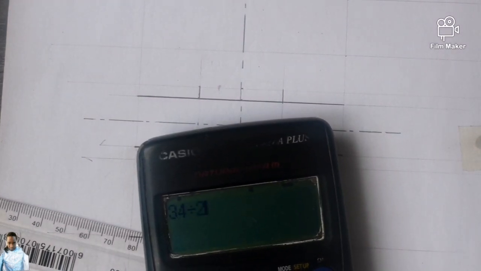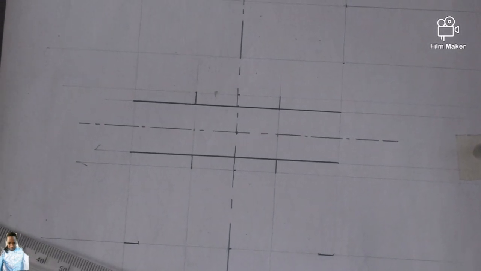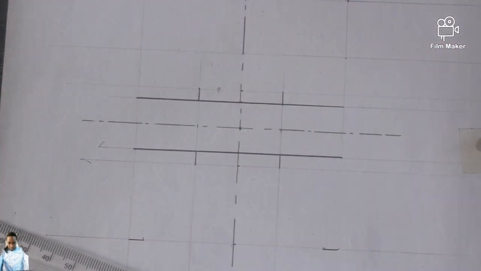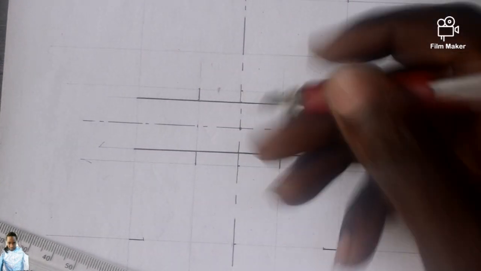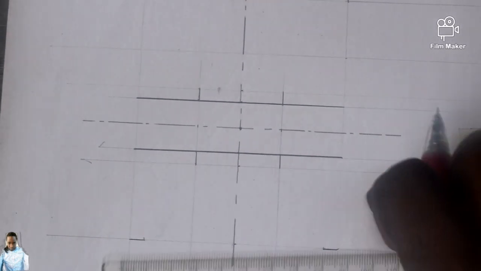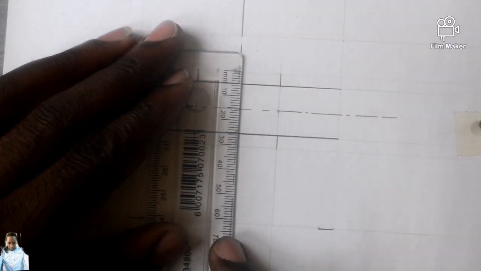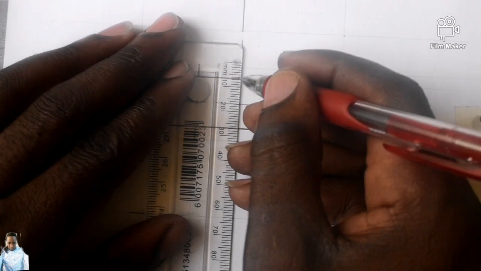Divided by 2, you are getting 17 millimeter. So which means from here going up 17. In other words, there will be 2 millimeter up, 2 millimeter down, as far as I'm concerned. 15, 16, 17 millimeter.